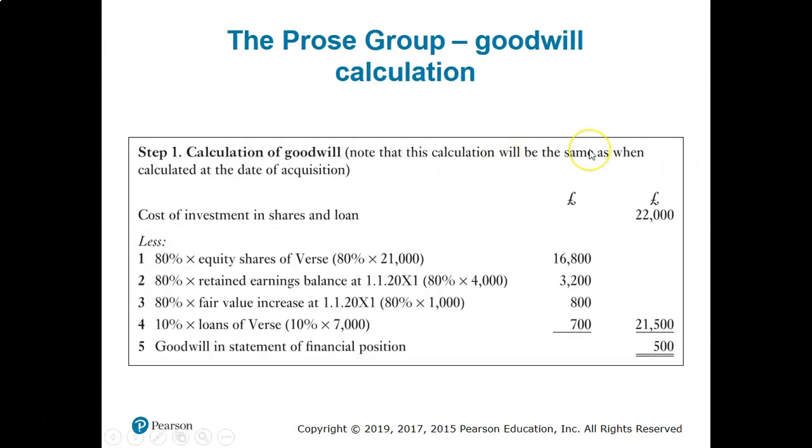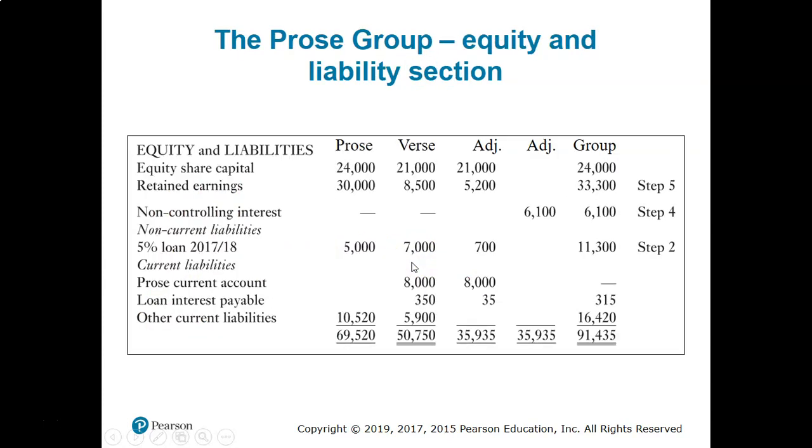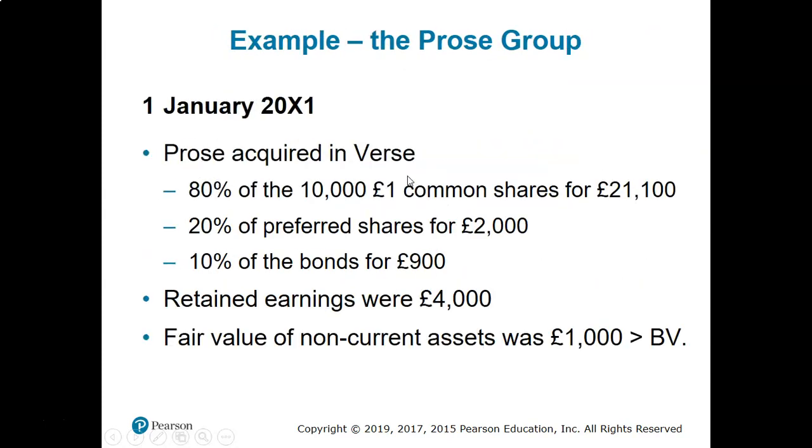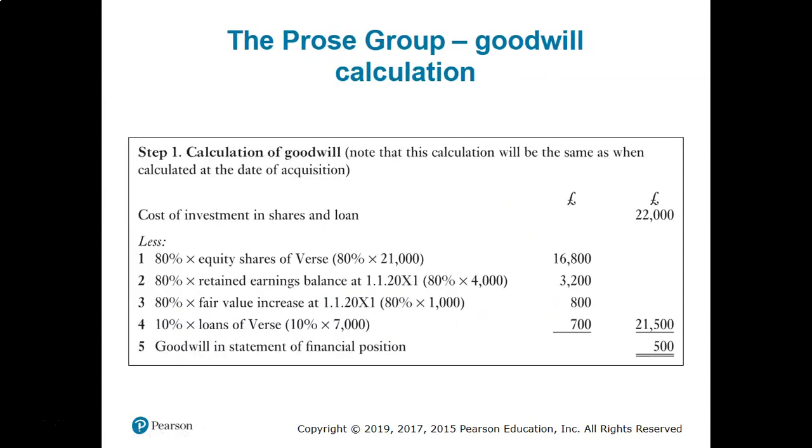So how can we calculate the goodwill figure for the parent company, as we did before? How much is the investment? It is 22,000, and they acquired 80% of the shares of the subsidiary. The retained earnings of the subsidiary is mentioned here, 4,000 in the beginning. All of these need to be considered.